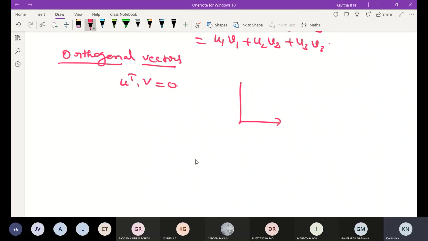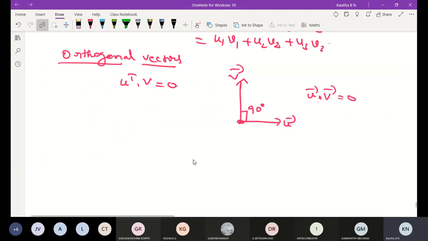Observe, this is the u vector and this is the v vector. The u vector dot v vector is equal to 0. This is 90 degrees.